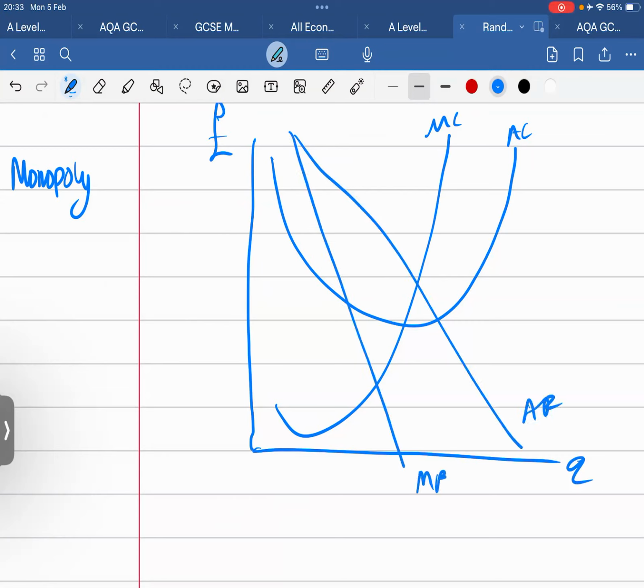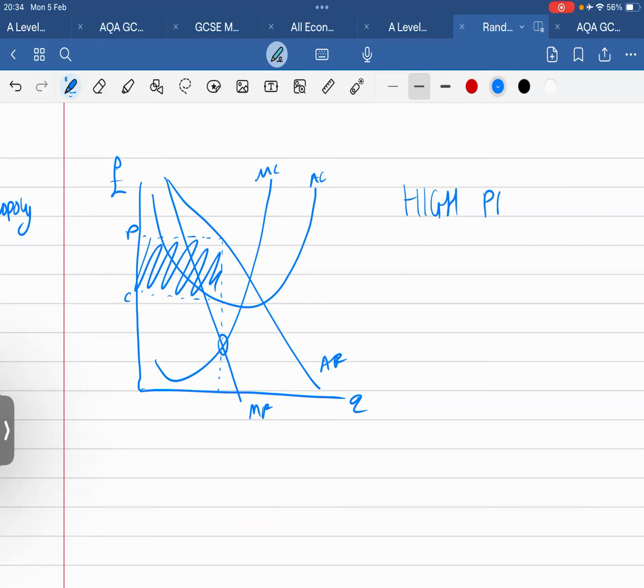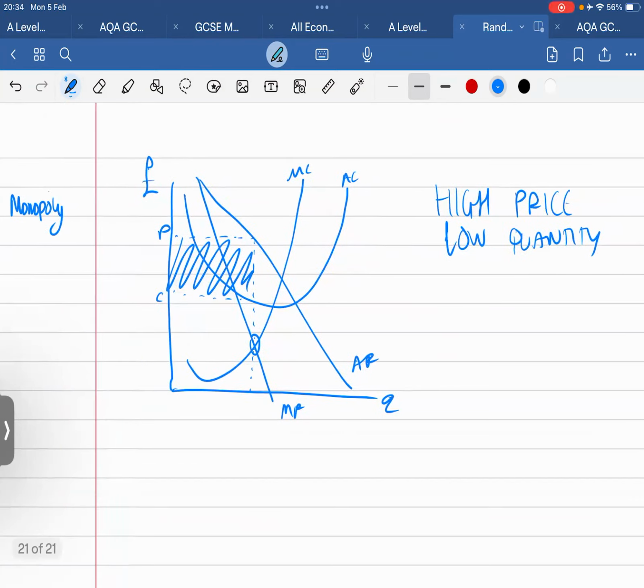High price, low quantity. A monopoly is a sole seller. Well, that's a pure monopoly, when there's only one firm selling something in a market.